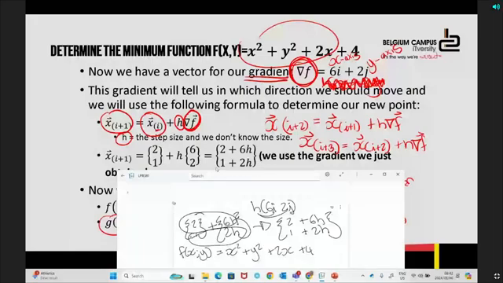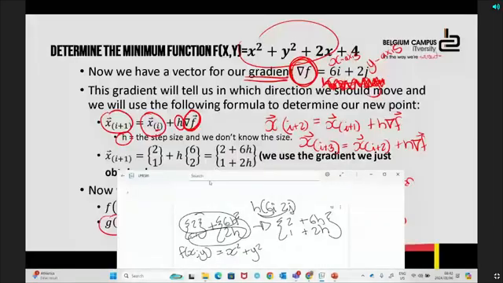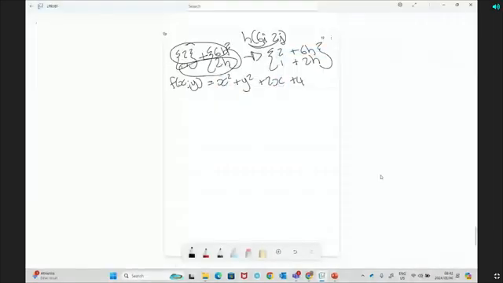I'm just going to open that like this. Into x, I substitute that. And into y, I substitute that. So you're literally going to substitute those in there.